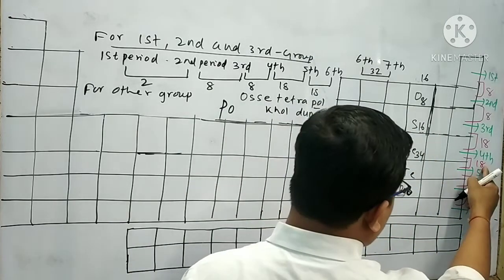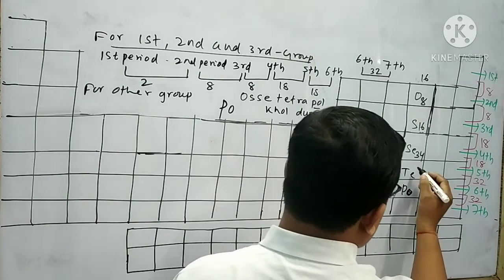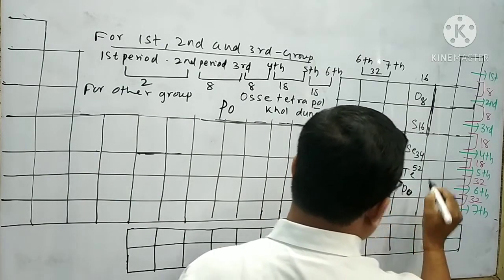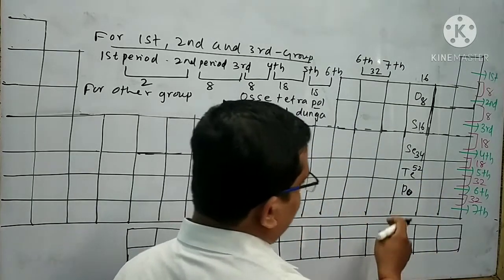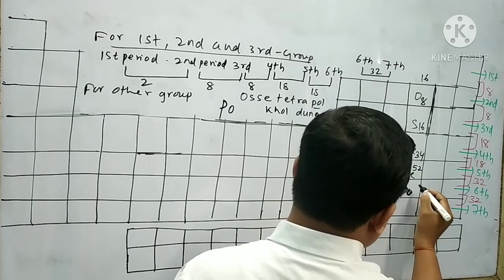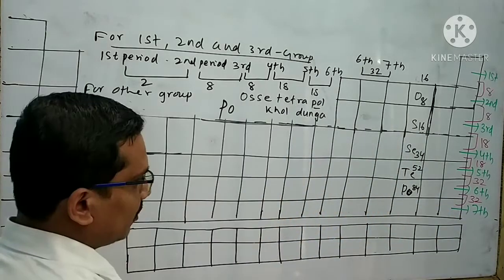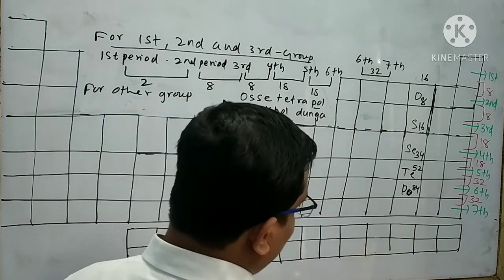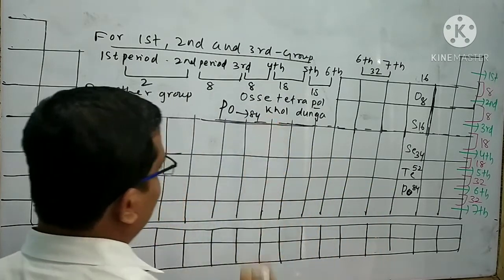Next add 18. The atomic number of tellurium is 52. Next add 32 with 52. Then the result is 84. From this it is clear that the atomic number of polonium is 84.